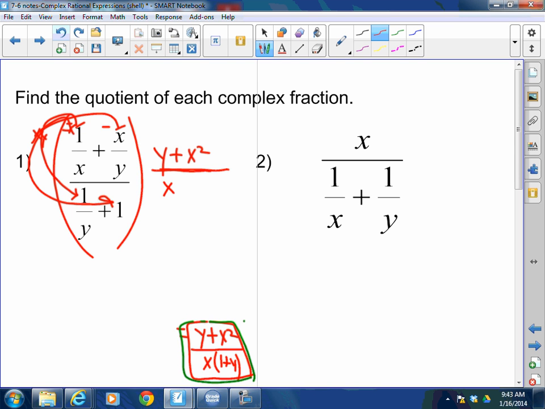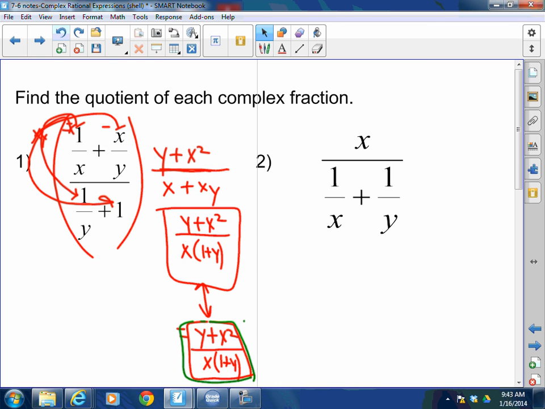I mean times 1 plus y. So now I have y plus x squared over x times 1 plus y. I did it correctly because they're both the same. It's your method. You choose. But definitely stick to one. Know how to do both, because sometimes easy ones like that I maybe would do an LCD. I'd do method 2, maybe.